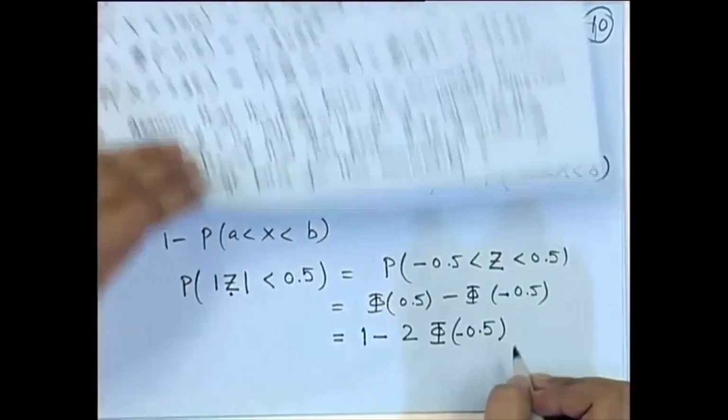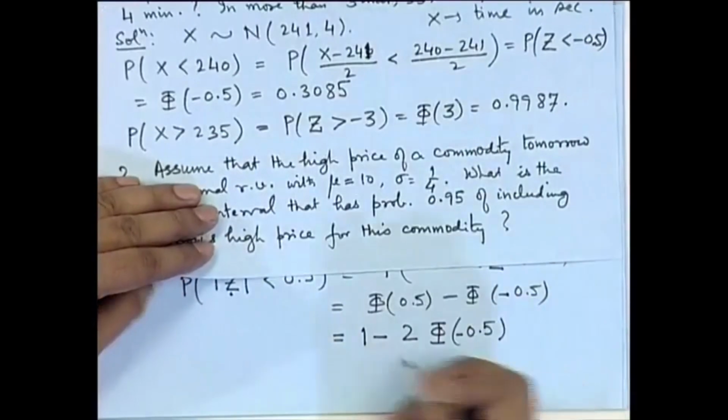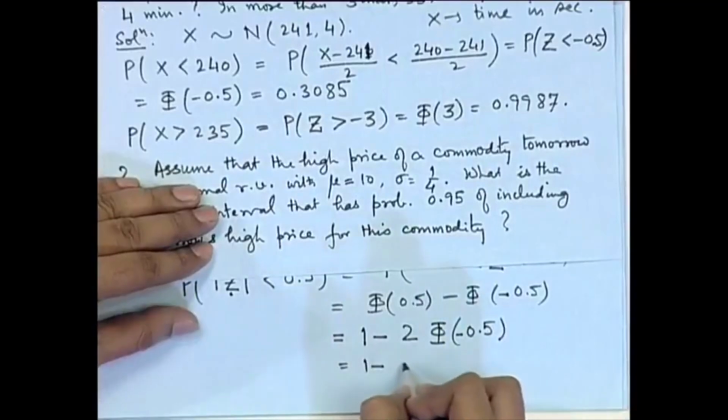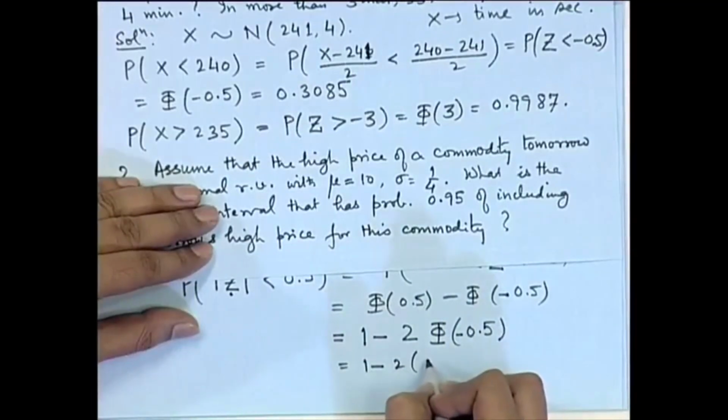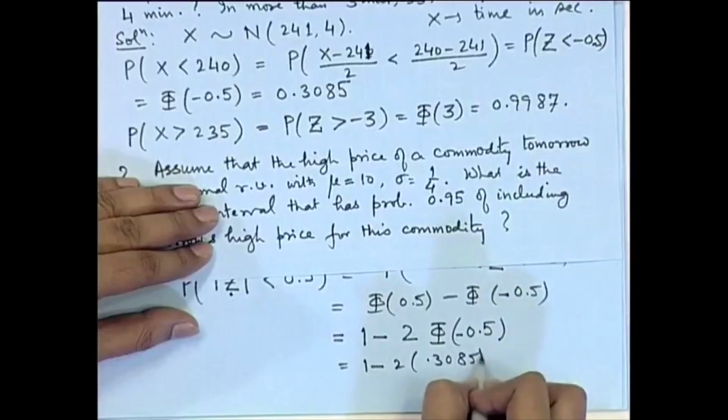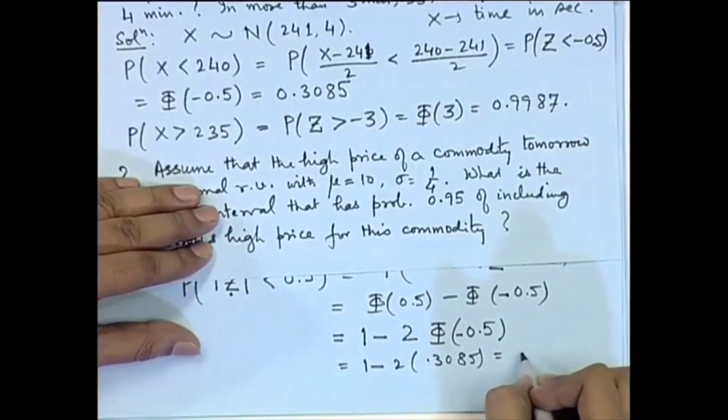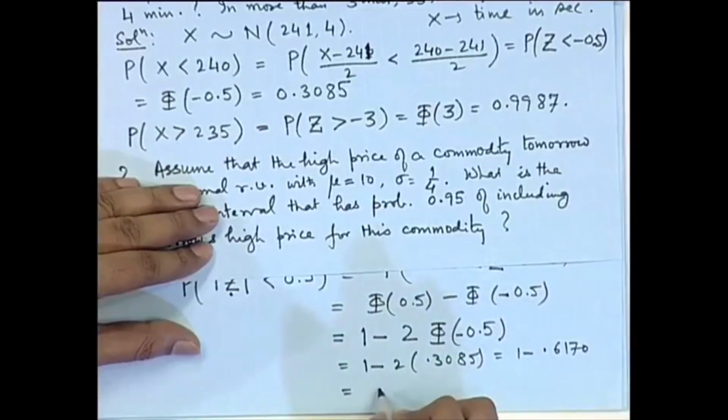the value of phi of minus 0.5 was 0.3085. So, this is equal to 1 minus 2 into 0.3085, that is equal to 1 minus 0.6170, that is equal to 0.383.